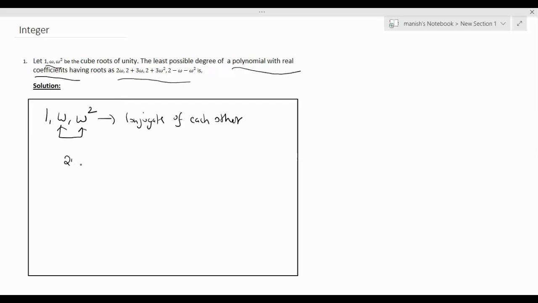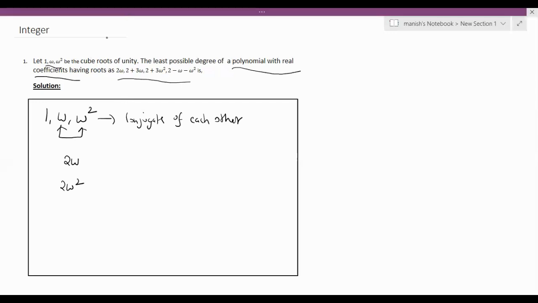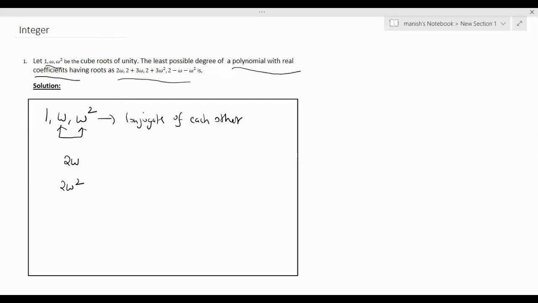One of the roots is 2 omega, another root is 2 omega square, another root is 2 plus 3 omega, the next root is 2 plus 3 omega square, and the last root is 2 minus omega square. Before proceeding, you can simplify this last root.